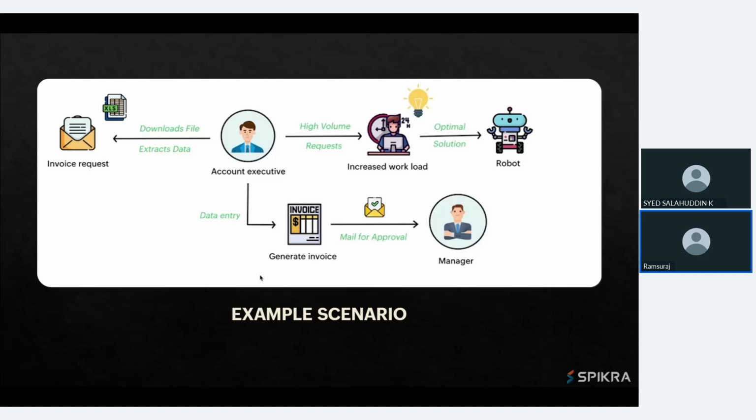An agent will be installed into his system, and the flows he has done so far to upload and generate invoices in a tool can be mimicked: the clicks and drags, reading the files, and uploading them to the account management tool he is using. Right, so this is one example scenario.